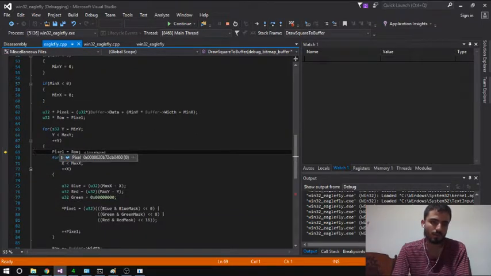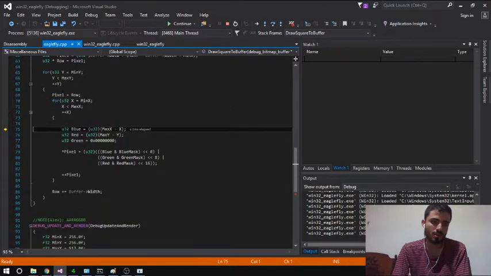And now we have a pixel. It's going to be the row, and then we move the pixel every time, and we write it. Blue is max x minus x, which is 256.